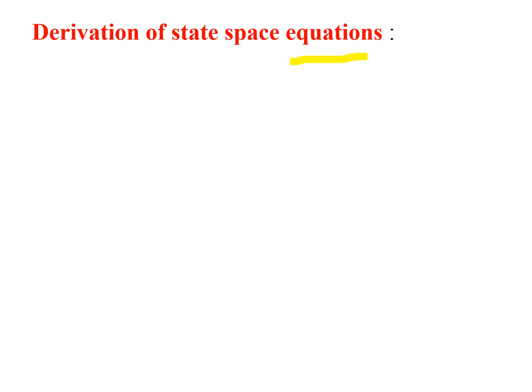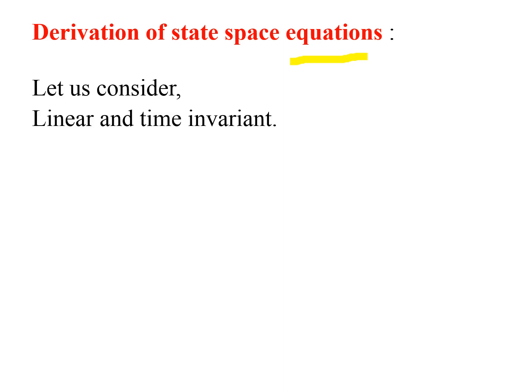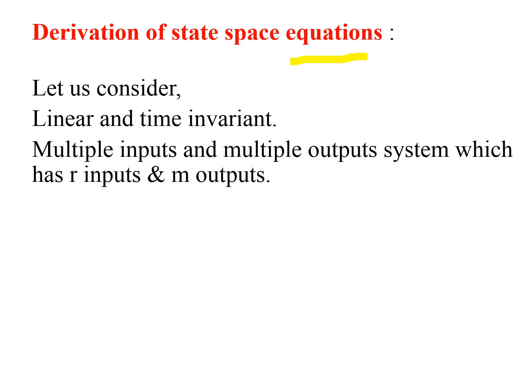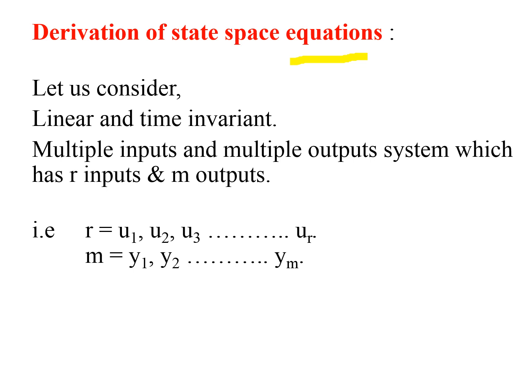For deriving the state space equations, consider the following parameters. That is, consider a linear time variant system which has multiple inputs and multiple outputs, and consider r to be the number of inputs and m to be the number of outputs.